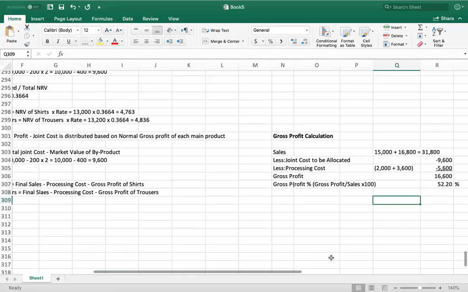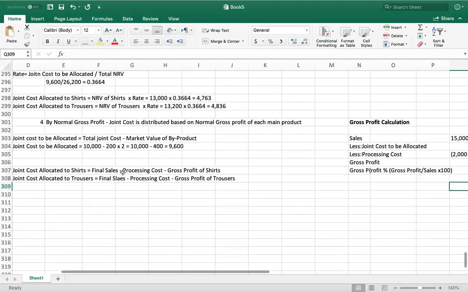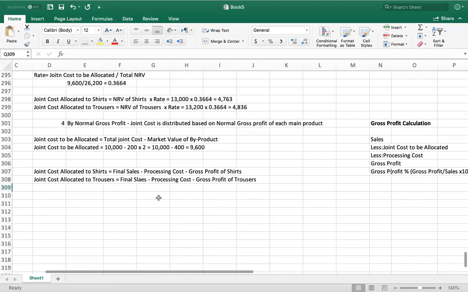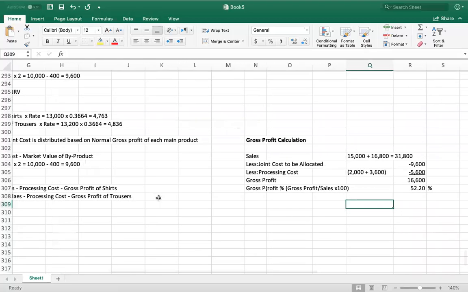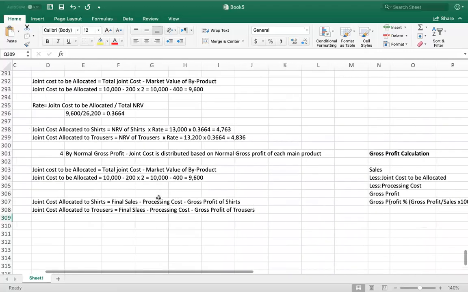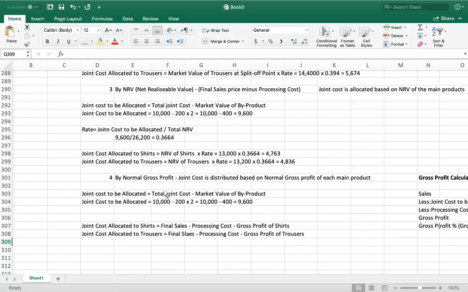So now you can allocate. You see the formula says joint cost to be allocated to shirts, final sales price. Why didn't we put 10,000 in joint cost to be allocated? I told you, if you remember, the very first step, whatever method we use, is that we remove the byproduct. Because the byproduct we sell in the market and it reduces our total joint cost.